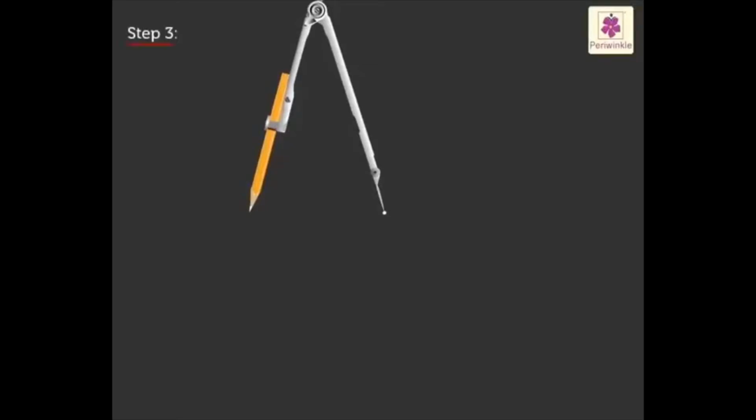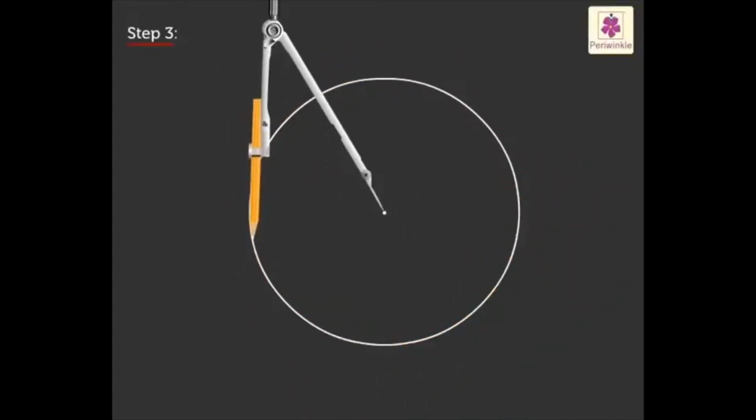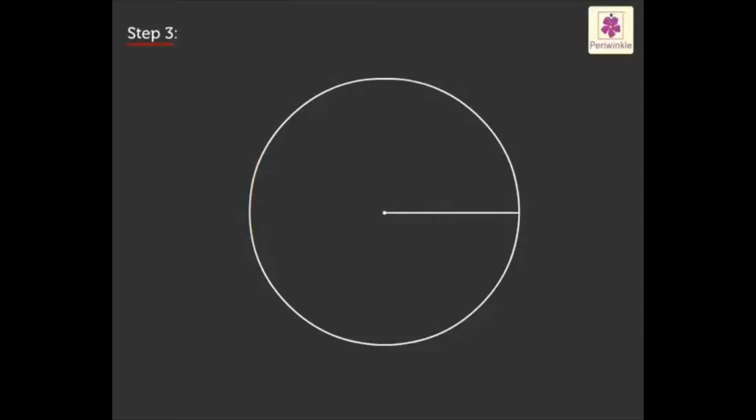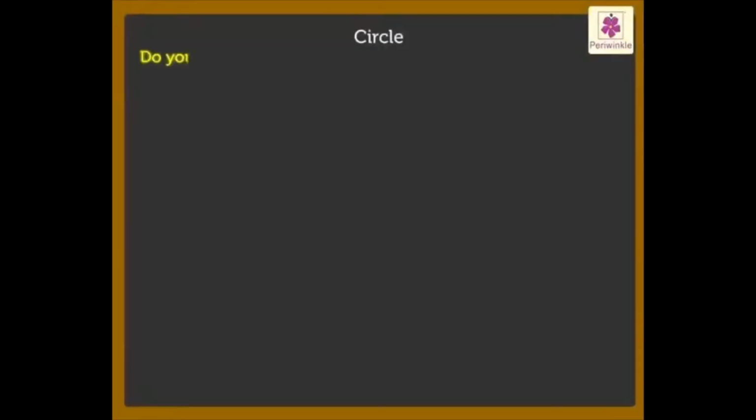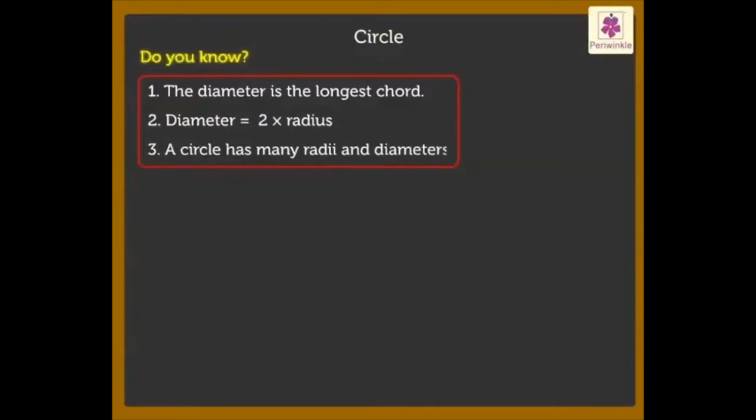Step 3. Move the pencil arm around to draw the circle. Do you know? 1. The diameter is the longest chord. 2. Diameter is equal to twice the radius. 3. A circle has many radii and diameters.